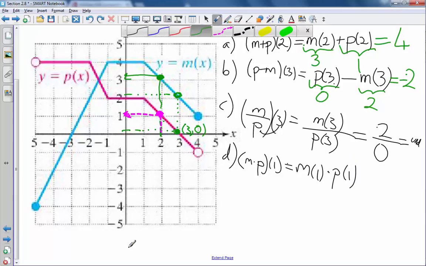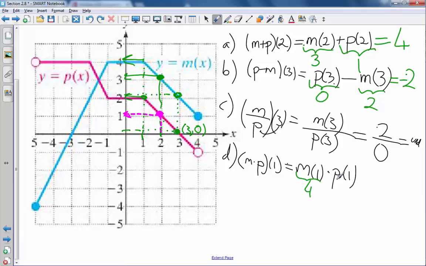Alright, where are we? 1 here. Under P it goes to 2. Under M it goes to 4. 4 times 2 is 8. Agreed? Did I get it right?